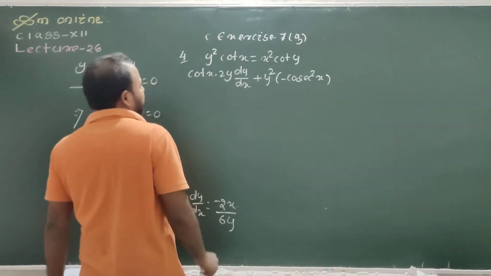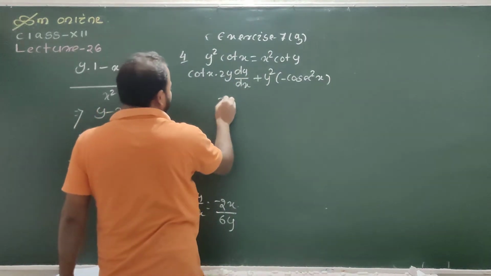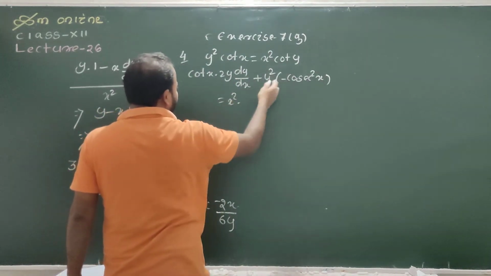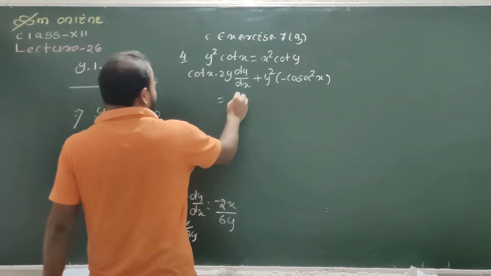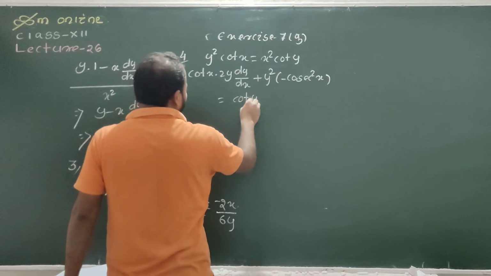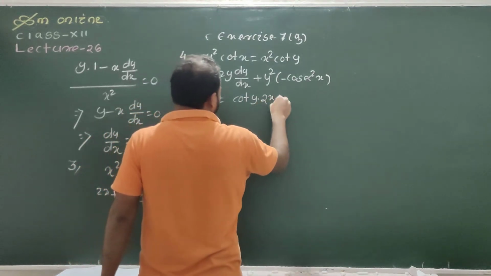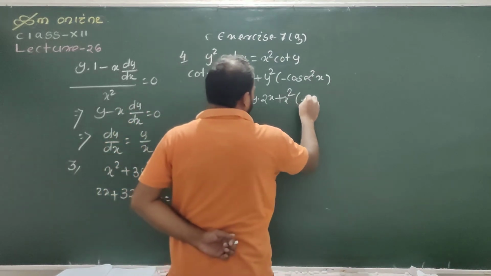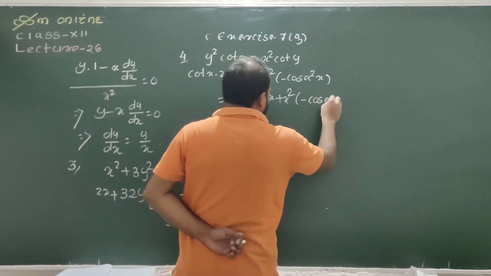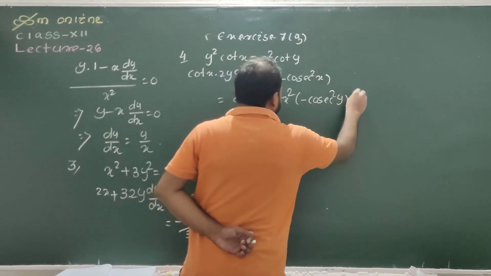This is equal to x square into cot y into derivative of x square, that is 2x, plus x square into derivative of cot y, this is minus cosec square y into dy by dx.